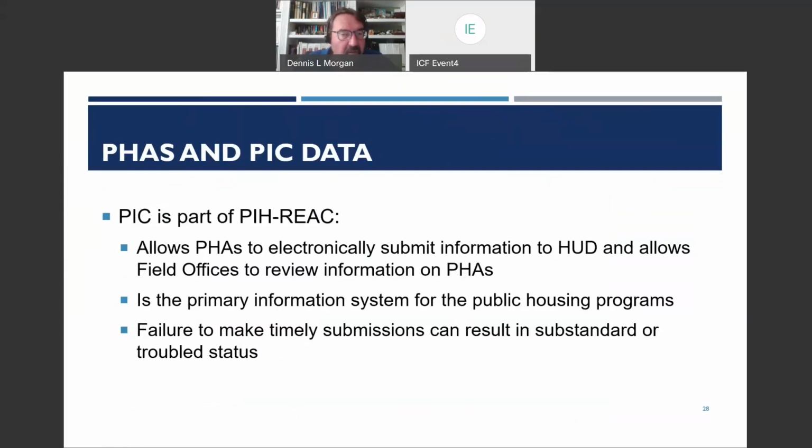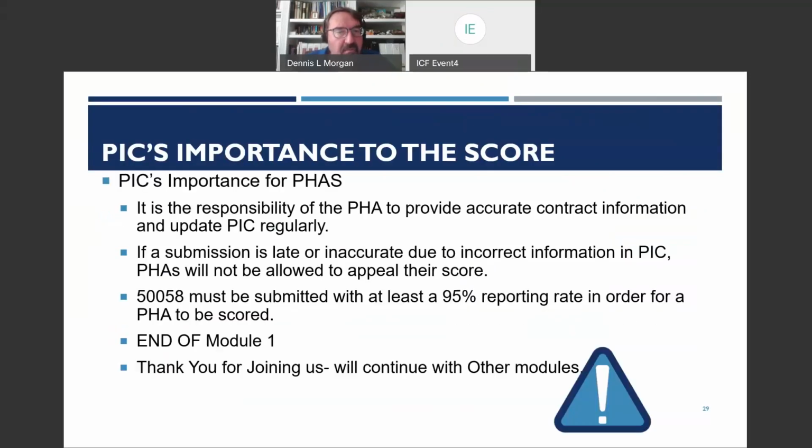So it's important that we're getting this information into the world of REAC in a timely fashion and with accurate information as well. So it is the responsibility of the housing authority to provide this information and update the information on a regular basis. Submissions that are late or inaccurate due to incorrect information are not necessarily grounds for an appeal to your score.